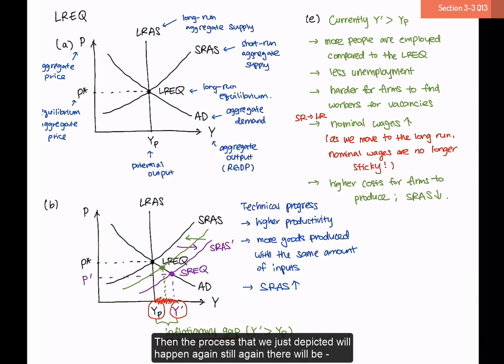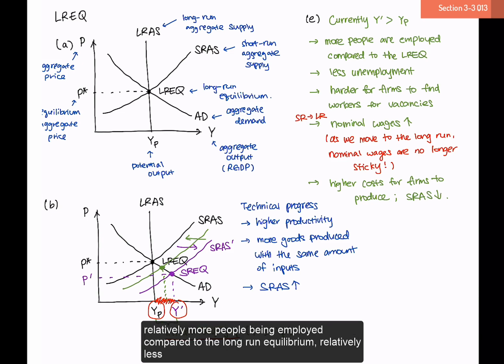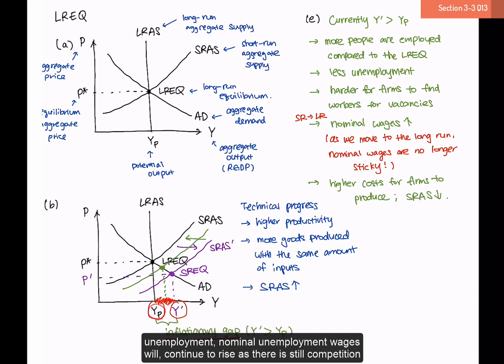Then the process that we just depicted will happen again. Still, there will be relatively more people being employed compared to the long-run equilibrium, relatively less unemployment. Nominal wages will continue to rise as there is still competition for the limited number of unemployed workers. Your short-run aggregate supply curve will shift to the left again till we are at the long-run equilibrium, where we are back to the original short-run aggregate supply curve.